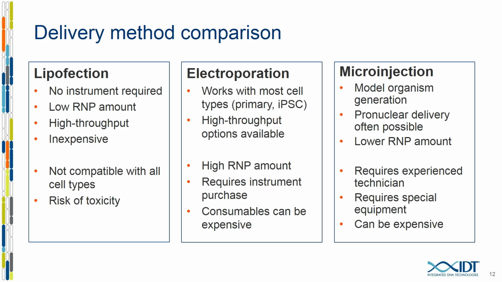When that happens, generally we need to move on to electroporation, and this is much more compatible with challenging cell types like primary cells or induced pluripotent stem cells. We've used electroporation and collaborated with other users on electroporation to deliver the Alt-R RNP system to a very wide range of cell types, including primary cells and iPSCs.